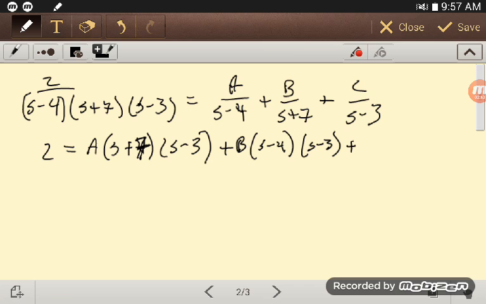And then finally the numerator for C is going to be C times s minus 4, s plus 7.